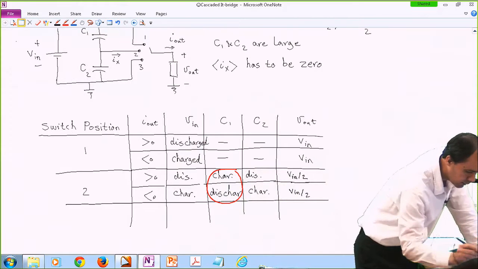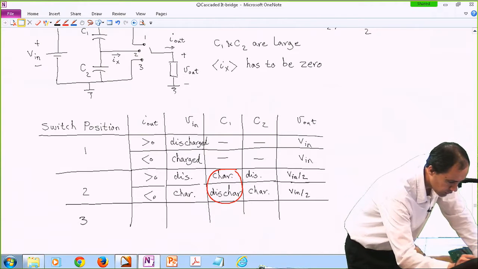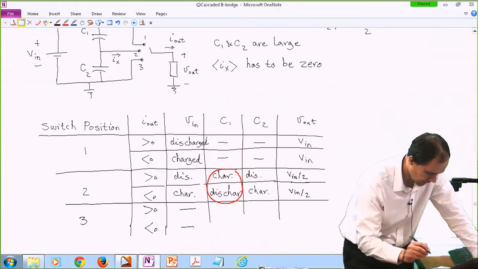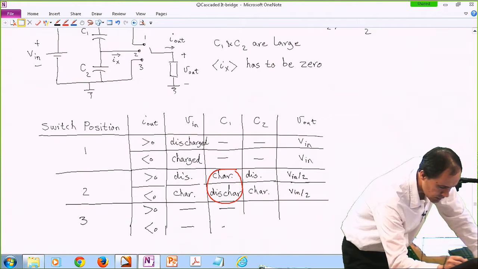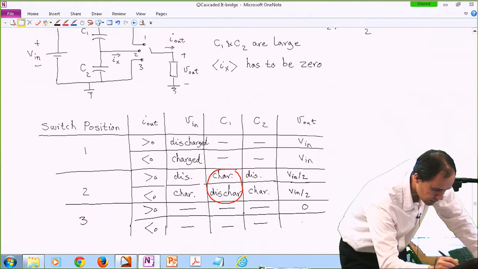And finally, our last situation is when the switch is in position number 3. Again, I out could be positive or negative. The source is not engaged, so nothing happens to the source. C1 and C2 are not engaged. Nothing happens to them. And our output voltage is basically 0.